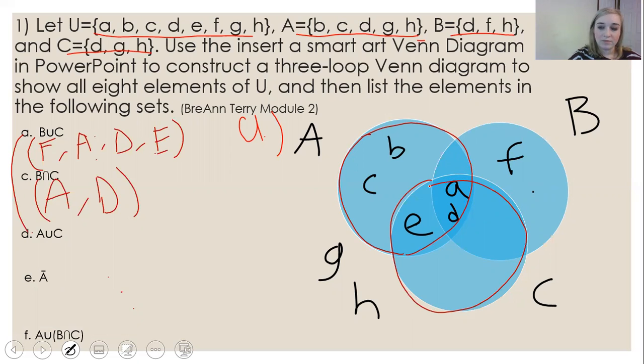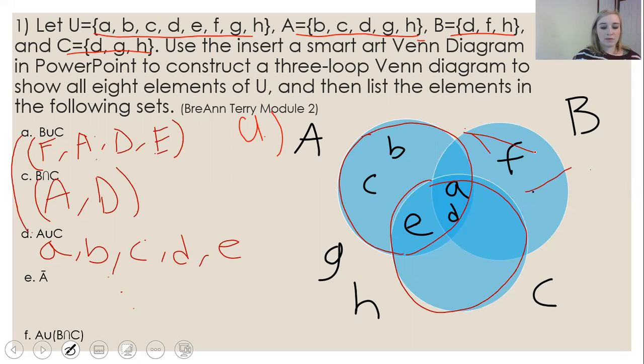So what that is going to be is A, B, C, D, as well as E. So we see A, B, C, D, E. And the F is over here in B, so that's not a part of this.